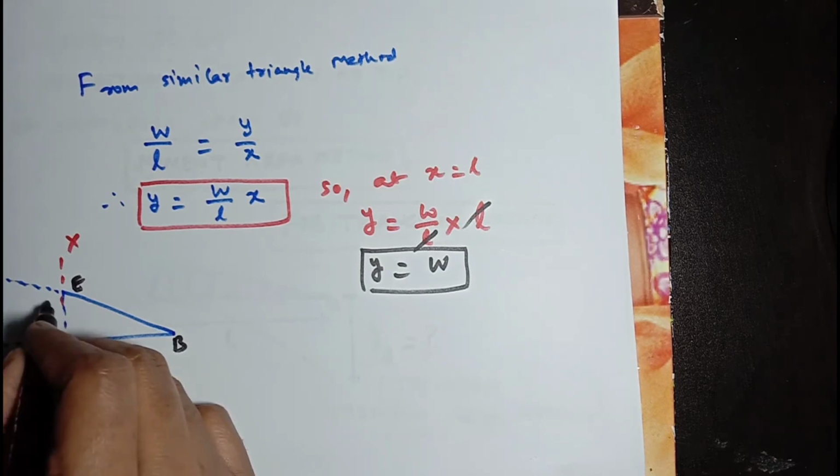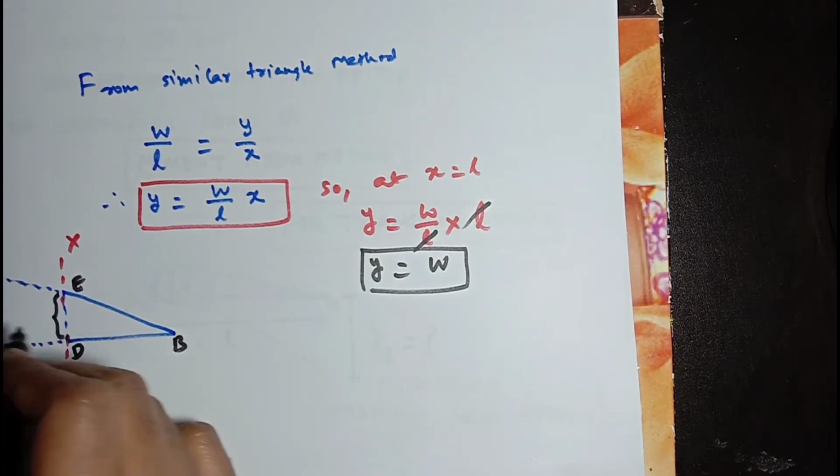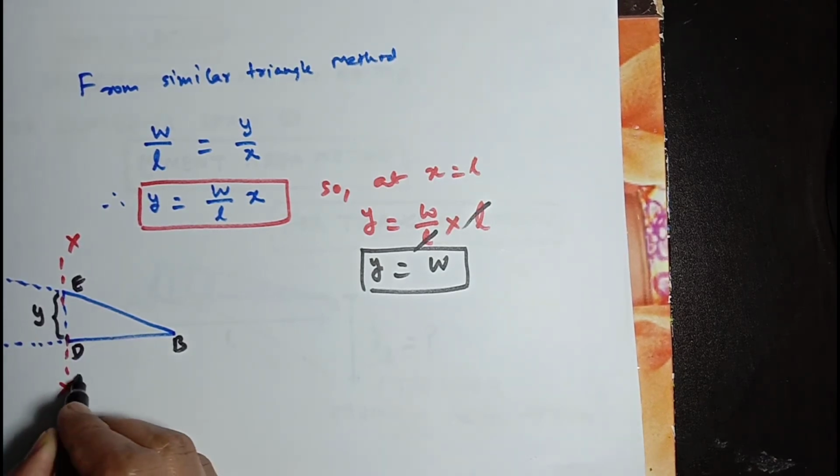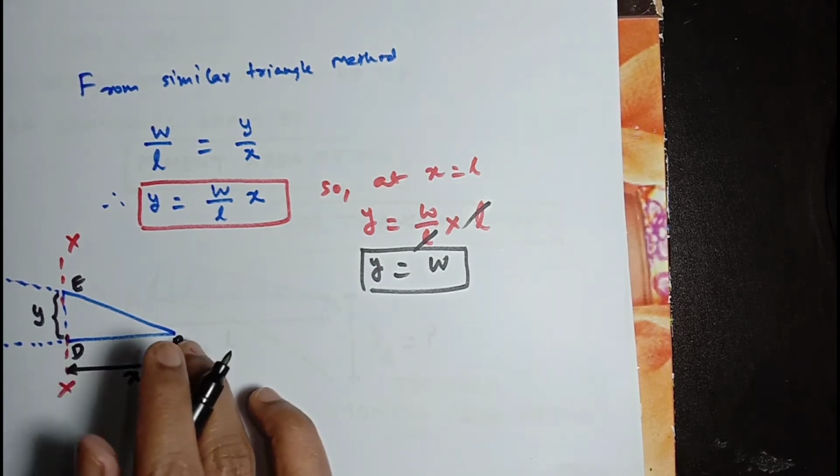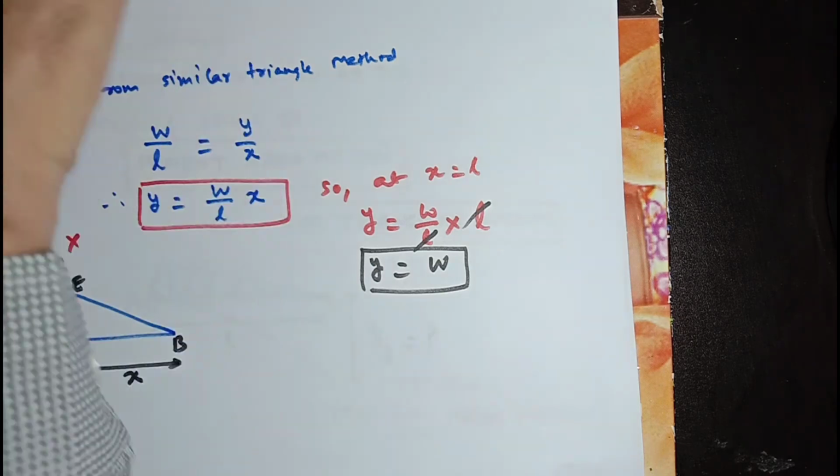Now this is the value of load Y, and the section XX is at a distance of X from point B. So what will be the area of this loading?